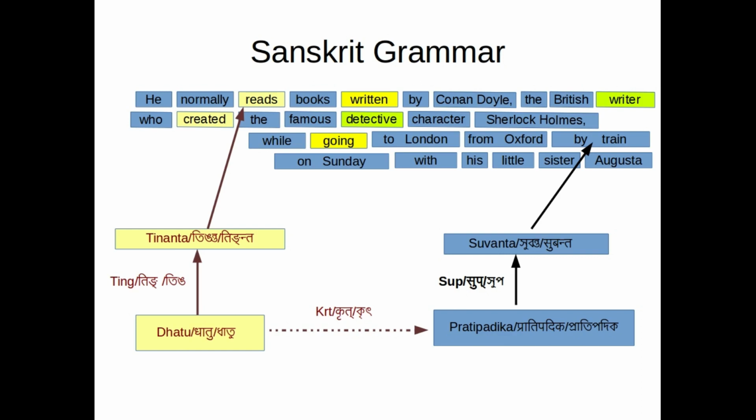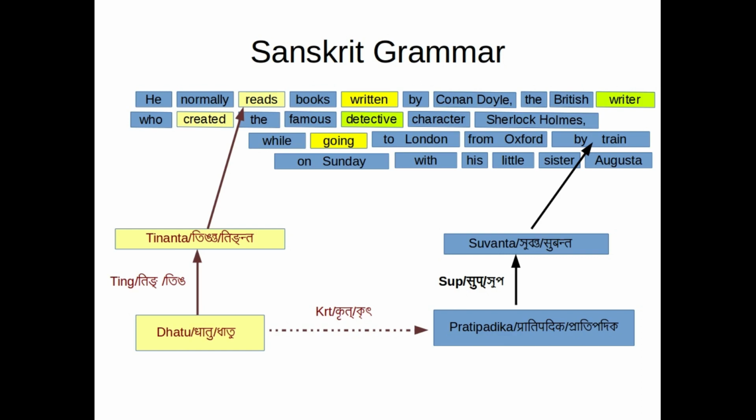When this concept is expressed in Sanskrit, some Sanskrit words will be used. Now those words can be formed in two different ways. One, the words indicating a direct verb, like reading in this example. Two, all other words.